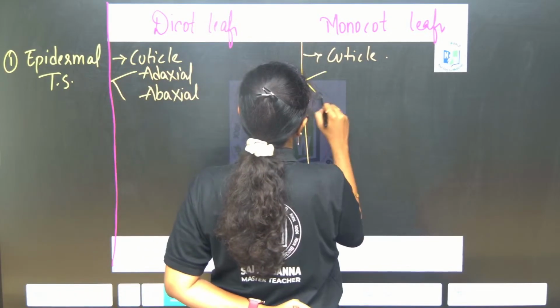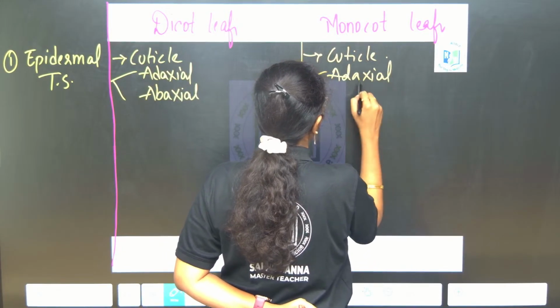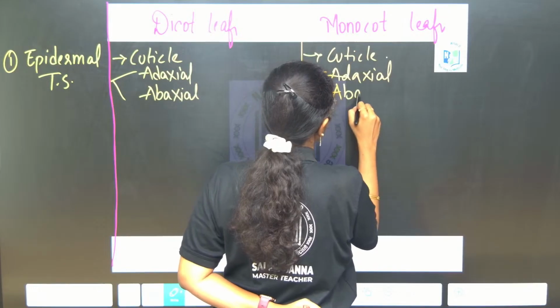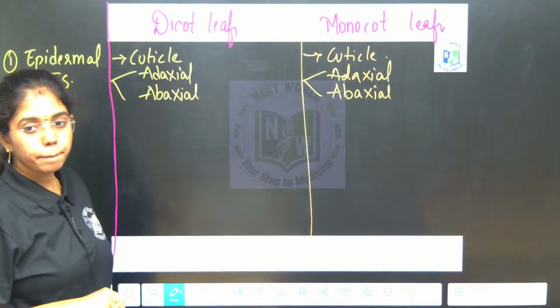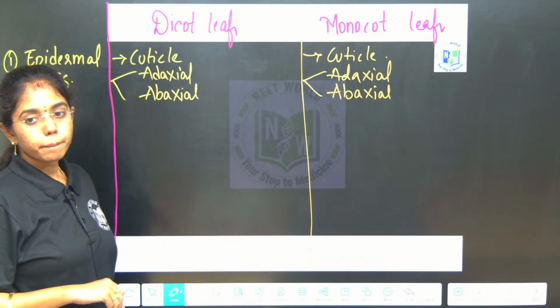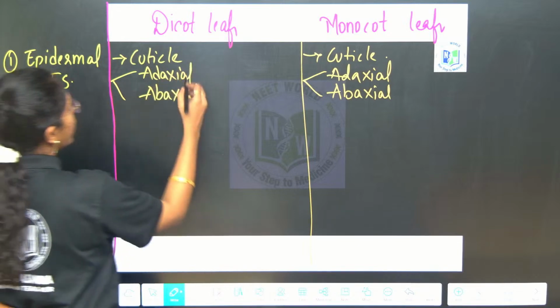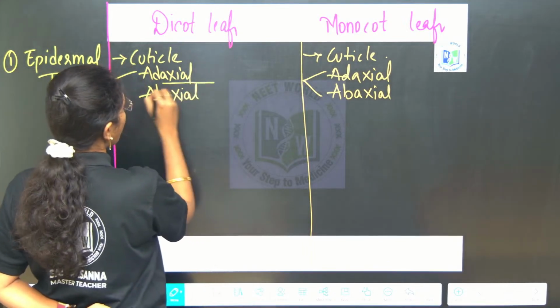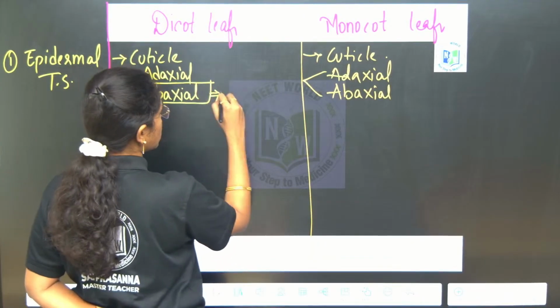Here also the same case, adaxial and abaxial. Which is present on the ventral surface? Very good, adaxial surface. Here maximum number of stomatal distribution is on the abaxial surface.